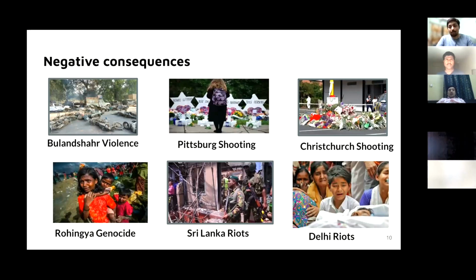There have been many negative consequences in the offline world, which are known to be triggered, or at least hypothesized to be triggered, by the online world. For instance, the Bulandshahr violence, the Pittsburgh shooting, the Christchurch shooting, the Rohingya genocide. These are some of the examples that we have cited. There are many, many such, with the recent one being the Delhi riots related to the anti-CAA and anti-NRC movement.